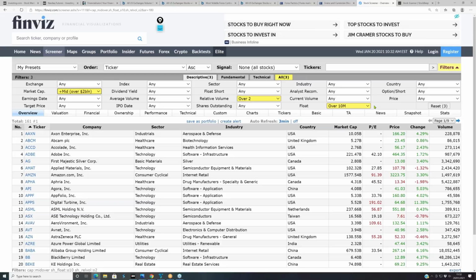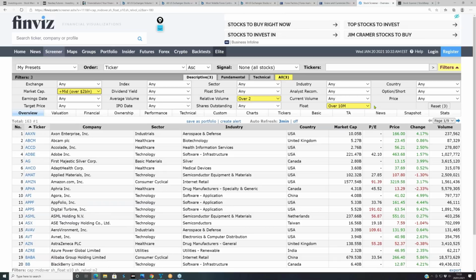That's all explained in the book. Where the float is quite small, it's more illiquid, and you get more volatility and bigger moves, but with volatility comes greater risk. But I'll talk about the float in more detail later on.